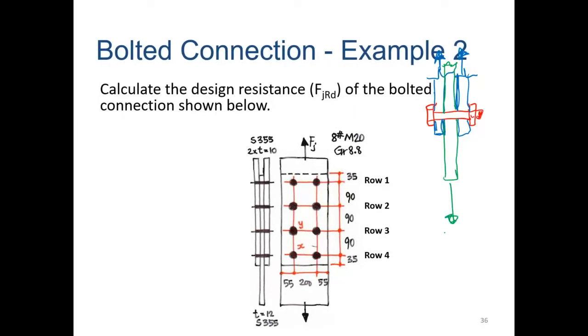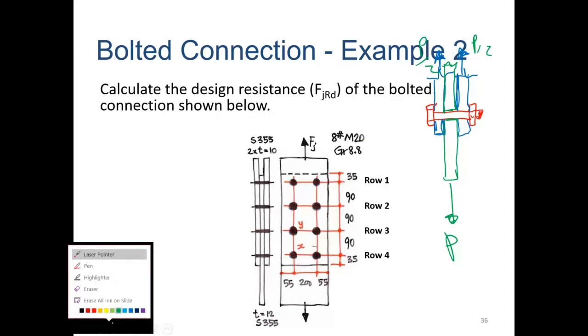I have P down there, and P over 2 and P over 2 at the top. So that's the 12mm plate going down, and the other two 10mm plates are pulling up.